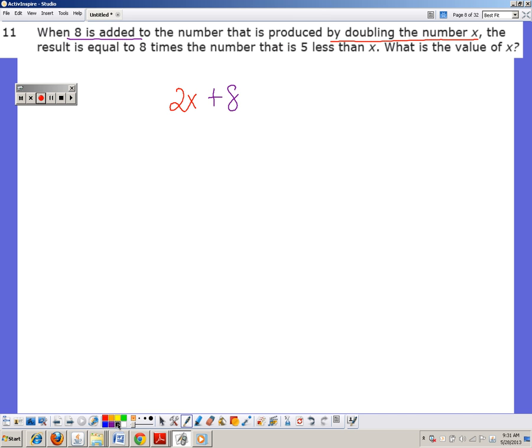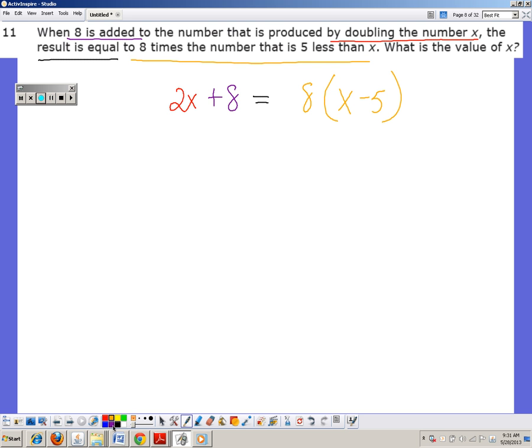The result is equal to, equal mark, 8 times the number, so we have 8 times the number that is 5 less than x. So that is x minus 5.